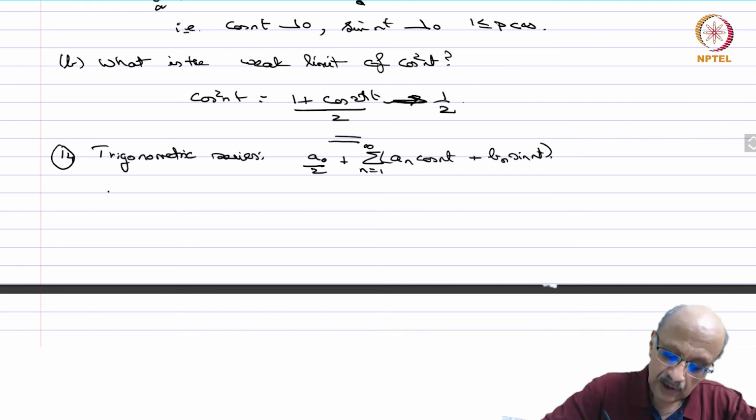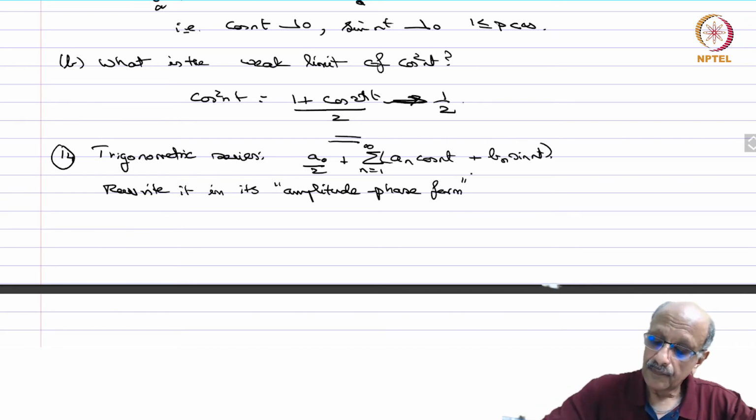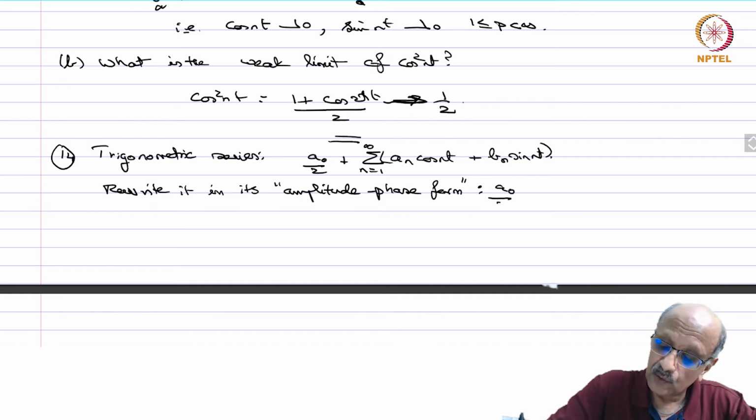Okay, so rewrite it in its amplitude-phase form, namely a0/2 plus sigma n equals 1 to infinity dn cos(nt minus phi n).